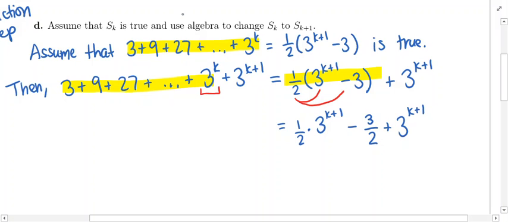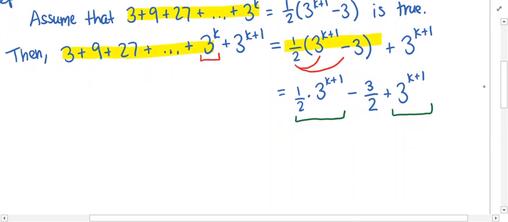And then I have like terms. This term has a 3 raised to the k plus 1 power, as does this one. So I'm going to combine like terms. Let me write it this way so you can see. It's a little weird because we're dealing with exponentials here.